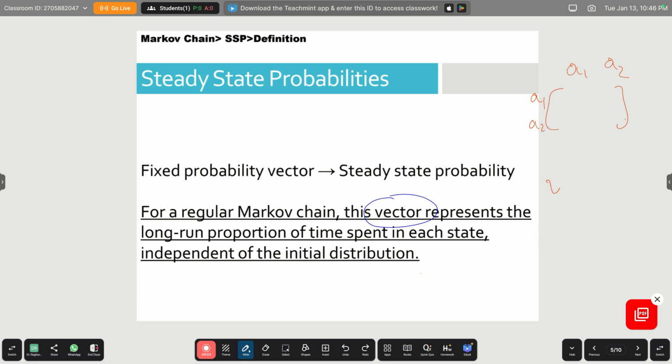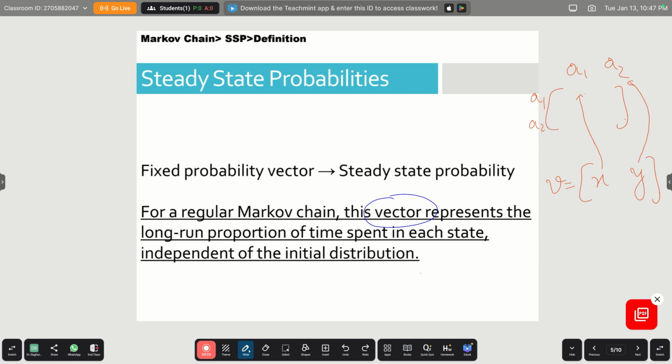Once I find the fixed probability vector xy, the value of x gives me the proportion of time spent in state A1 and value of y gives me the proportion of time spent in state A2.